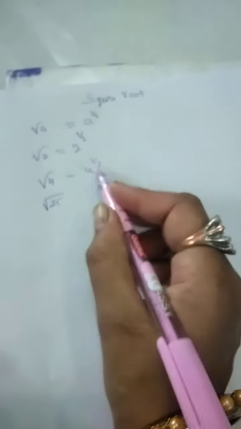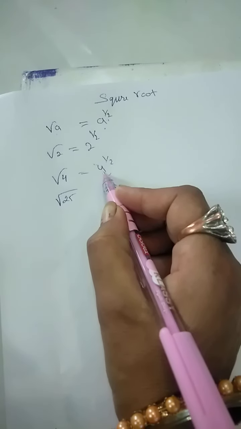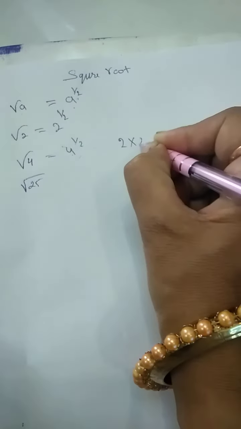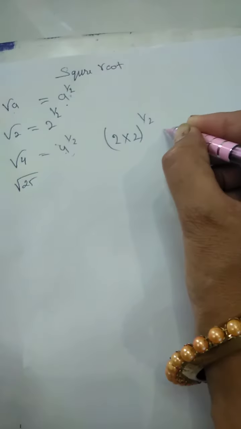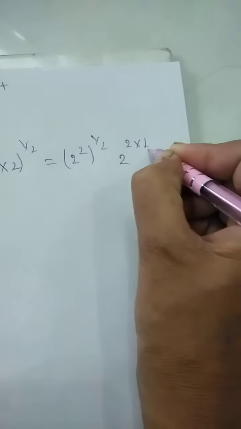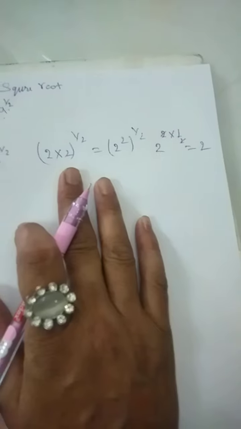If we want to solve this, we can write 4 by the factorization method, that 2 into 2 equals 4. So we can write the power as 2 raised to 2. Now the 2 into 1 by 2 is cancelled, so it's equal to 2.